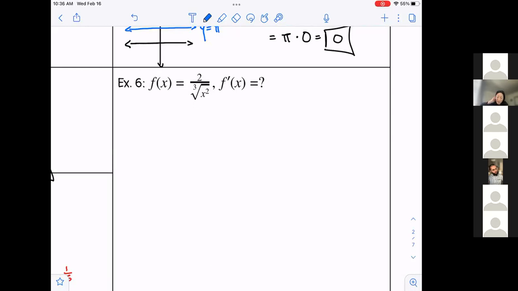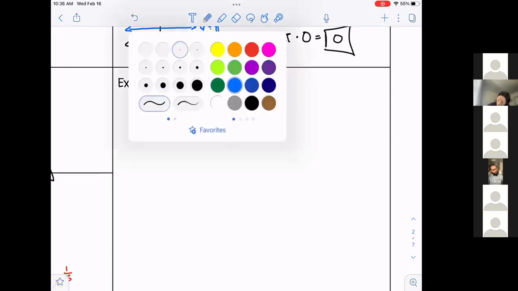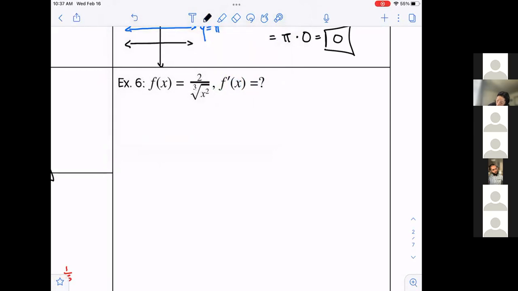Okay. All right. Example 6. Can we use our power rule in the form that it is, or do we have to rewrite something? Definitely rewrite. All right. What is a better way to rewrite this?